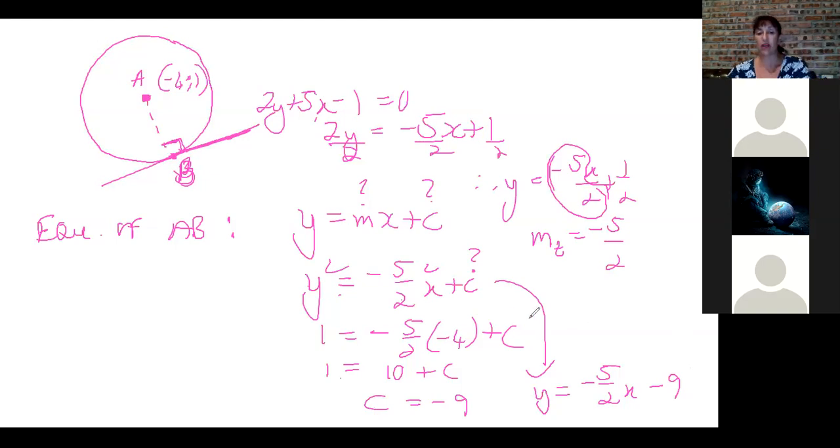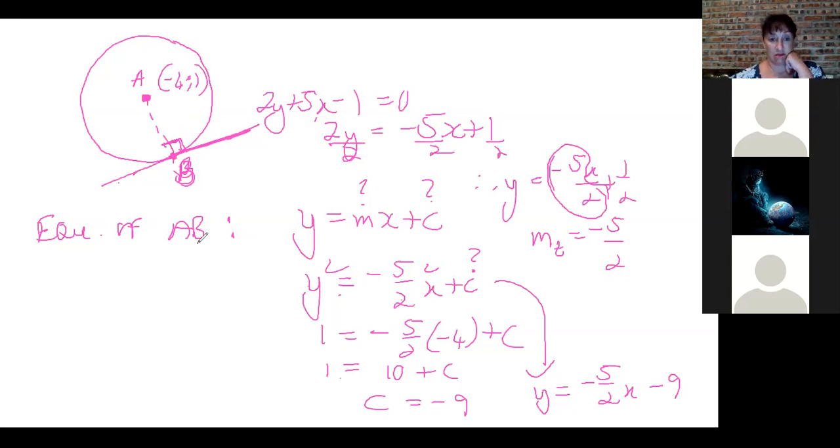This is pretty much what they ask in this section. In this case, they asked you to find the equation of AB, which you now have, and you do have the equation of the tangent. So you can quite easily find the intersection, in other words, the coordinates of B, because it's where the tangent and that line cut each other at 90 degrees.